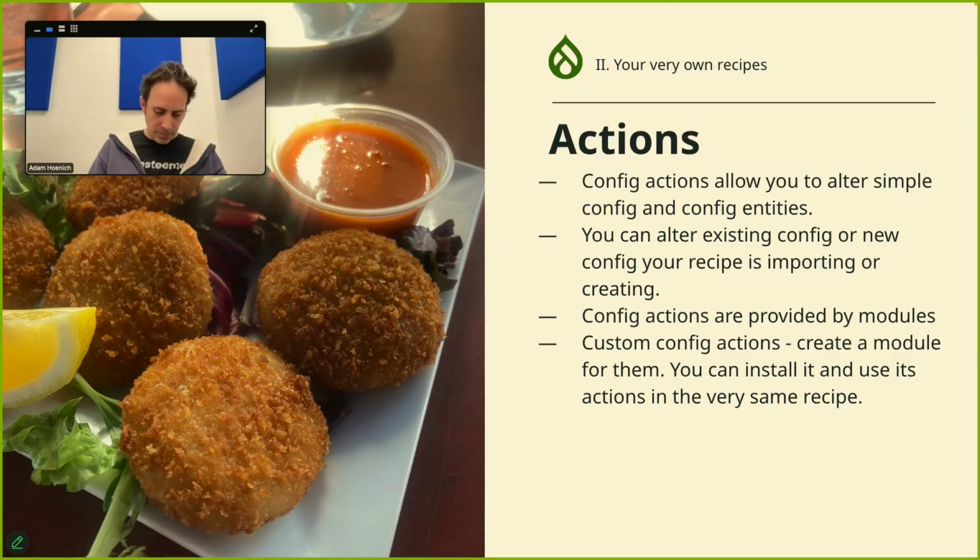Your custom module can create a config action, and that config action is immediately available for your recipe to use. You're installing the module in the second step of the recipe runner, and then in the config action step, you can use the config action that you made.